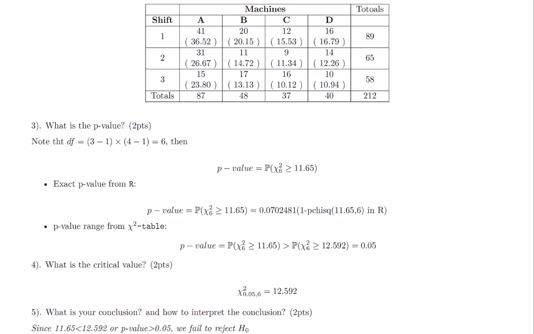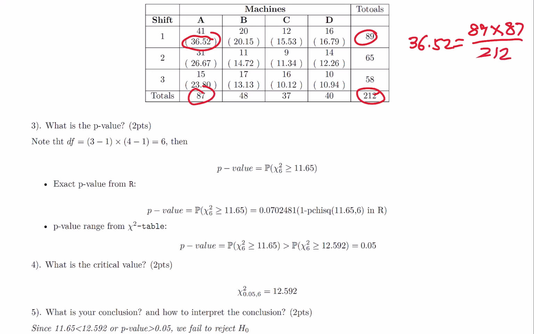All right, after we get the chi-square, yes, this is exactly what we get here, all right? See, so the N is that, and then how do we get that? This one. So 36.52 equals what? Because this is the first row, 89, that's the row total. The first column, the column total is 87, and then divided by 212.